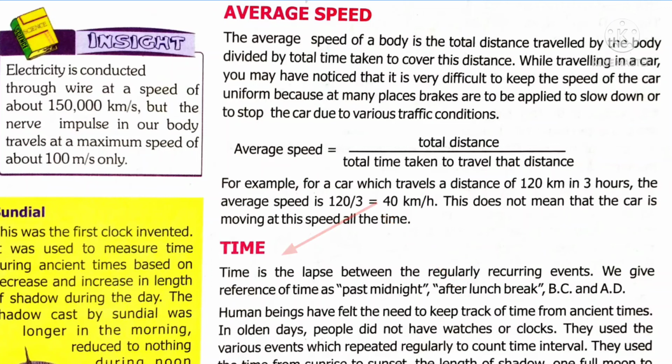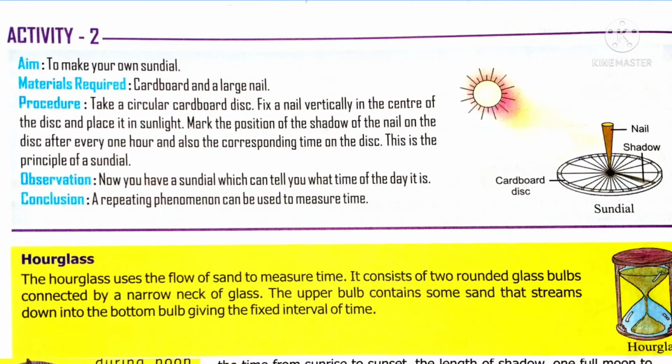What is time? Time is the lapse between regularly reoccurring events. We mention time as 2 a.m., 2 p.m., BC, AD, etc. The sundial was the first clock invented. With the help of a sundial, we measure the length of the shadow.